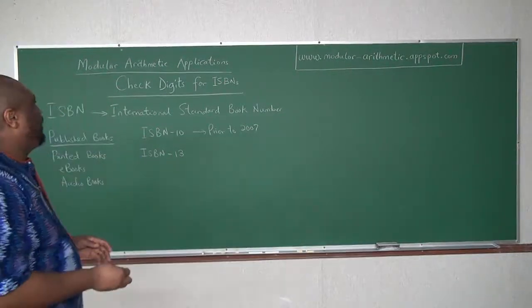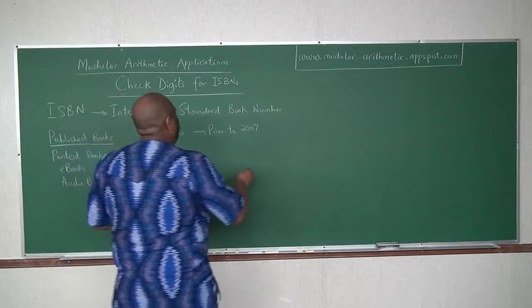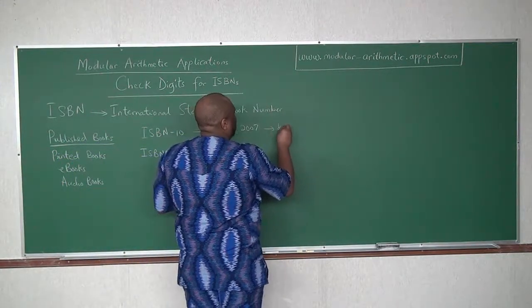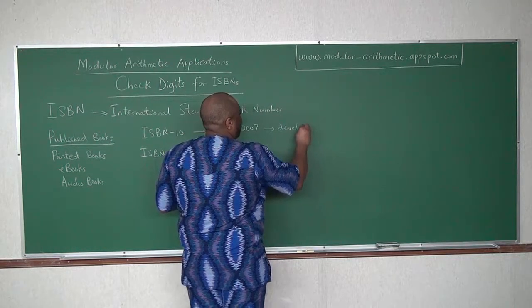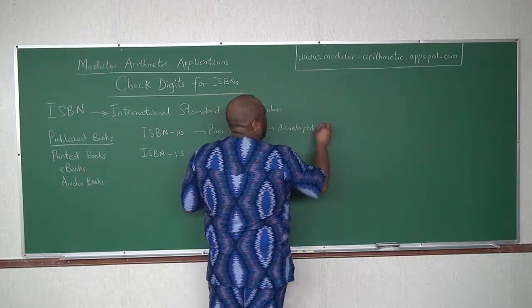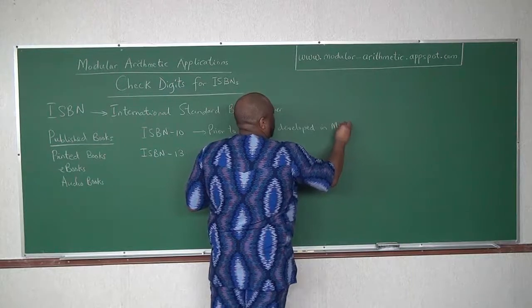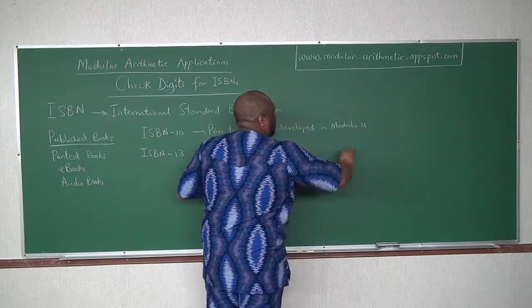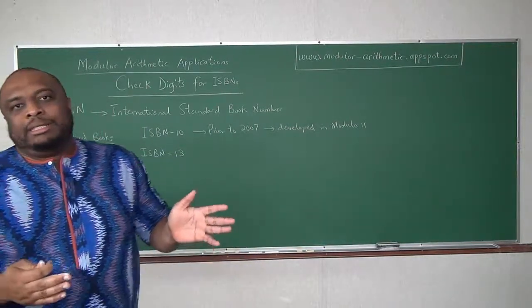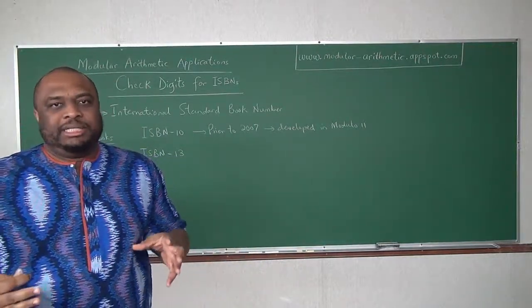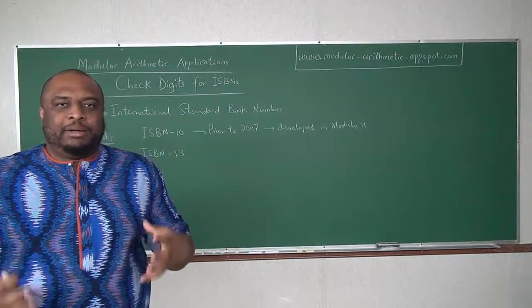ISBN-10 is developed in Modulo 11, which means from 0 to 10 are the numbers that are allowed.